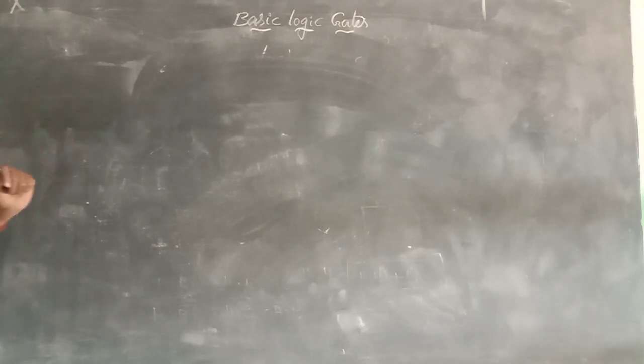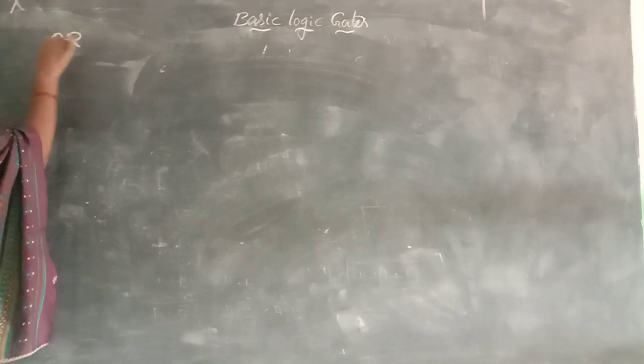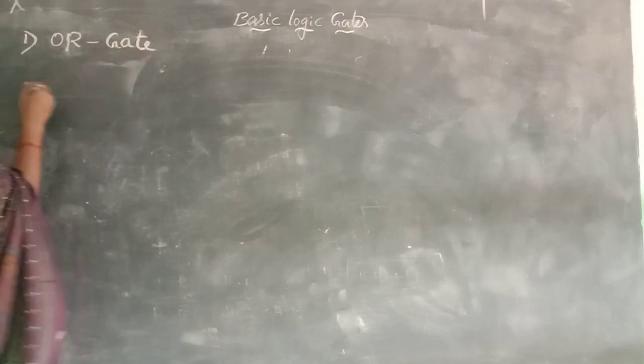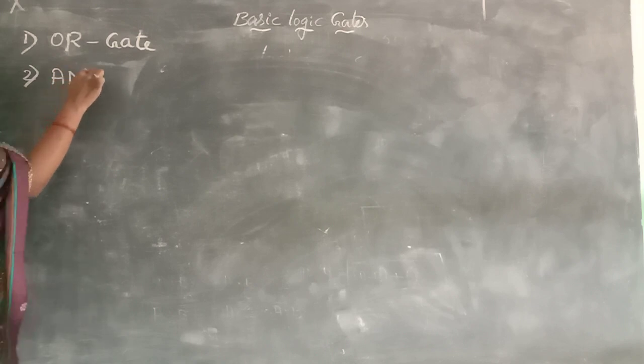The different two input logic gates are, the first one, OR gate, and next AND gate.